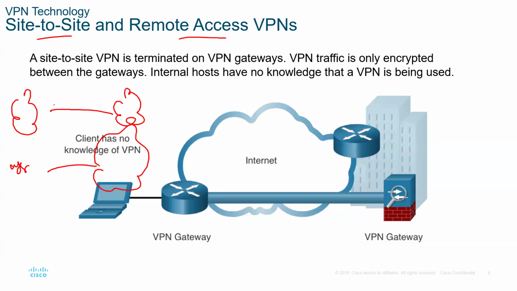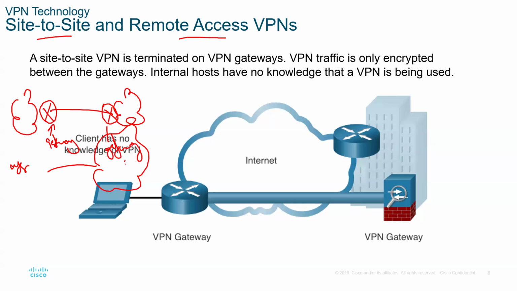So here I have a router, there a router. They make use of gateway-to-gateway communication. There's a gateway here, there's a gateway here. That's one characteristic of site-to-site VPNs.